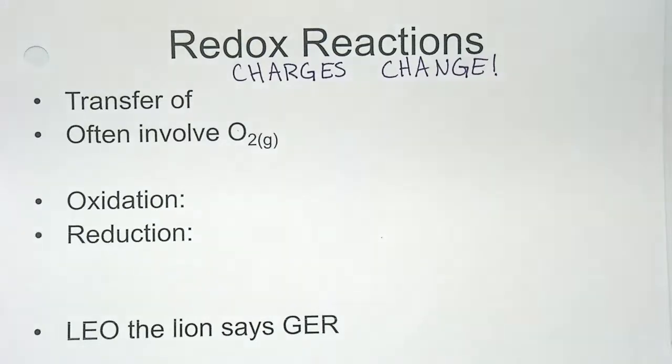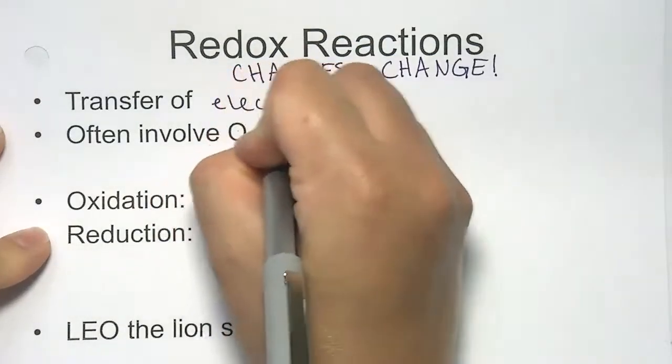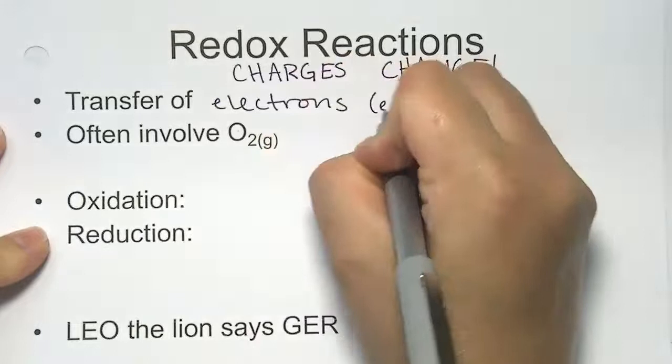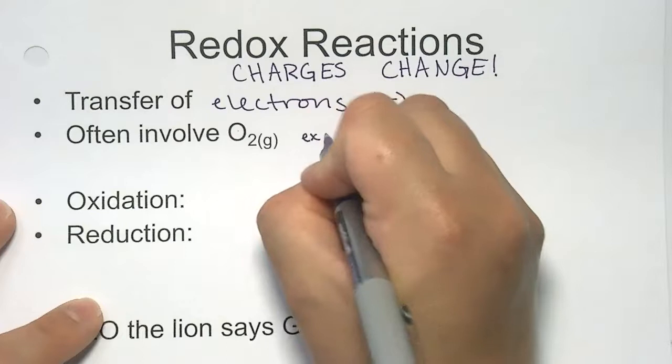Okay. So when we're doing redox, the charges change because what's happening in the reaction is a transfer of electrons. Okay. A lot of redox reactions that you've probably seen before involve oxygen. So one that I've talked to you about is combustion.